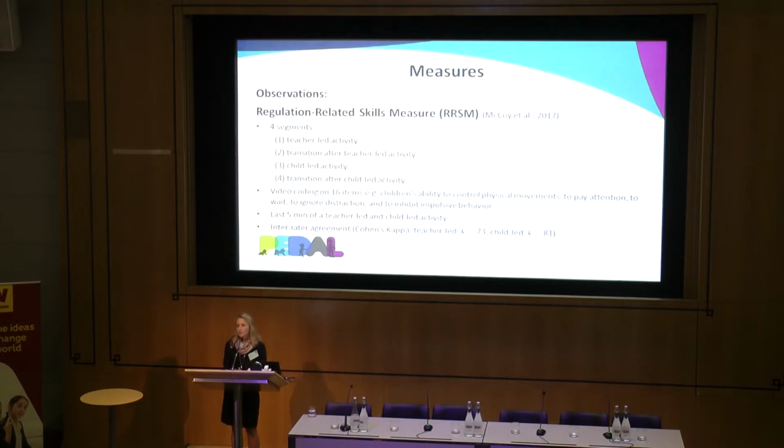As I said, we looked at the last 5 minutes of teacher-led and child-led activity, and at this point we have not yet coded the transitions. Our inter-rater agreement was a Cohen's kappa between 0.73 and 0.81, and that's considered moderate to strong.